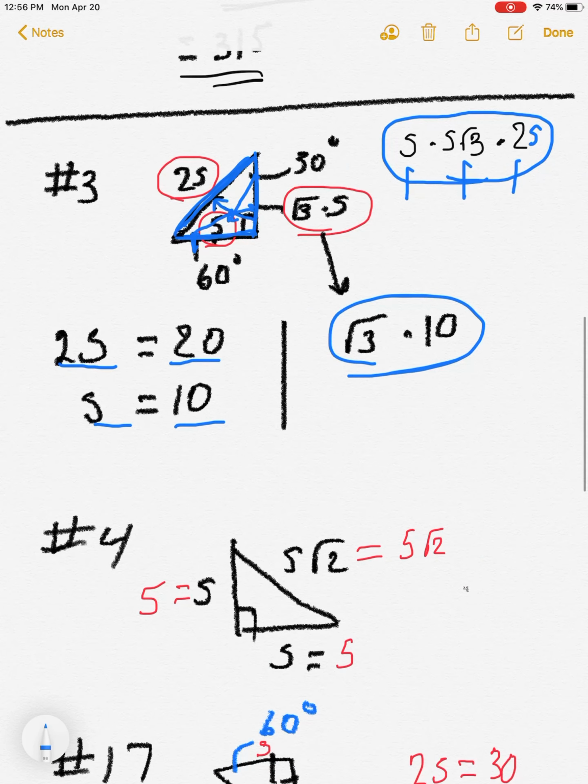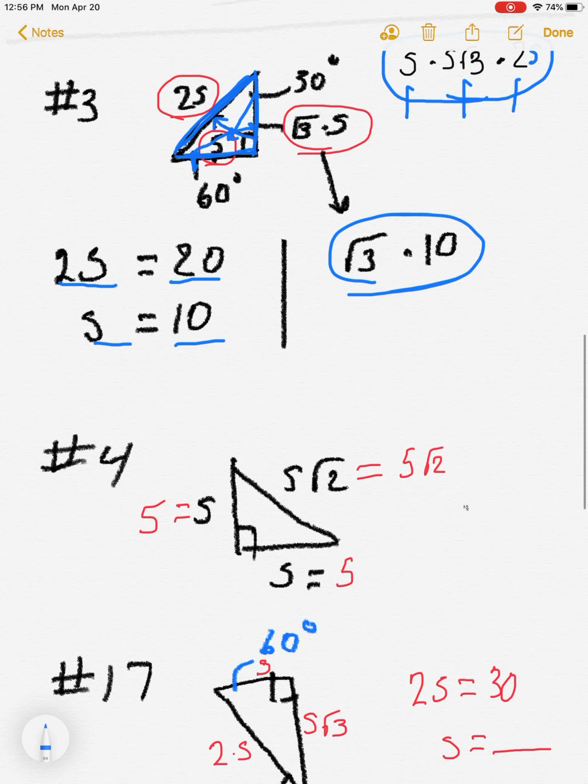Let's move on to problem number 4. Problem number 4 includes a 45 degree angle. I want to remind you that in a 45 degree triangle, the relationship between the sides is s, s, s root of 2. If the side across from the 45 has a length of s, then the hypotenuse would be that times the root of 2.